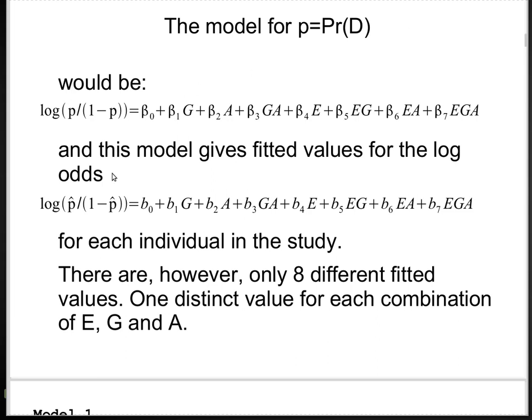And this gives us fitted values for the log of the odds. Now, in this instance, this model gives us 8 different fitted values for each of the distinct combinations of exposure, gender, and age group. Even though it looks like there's a lot more in play here, this model, in fact, only gives us 8 different fitted values.